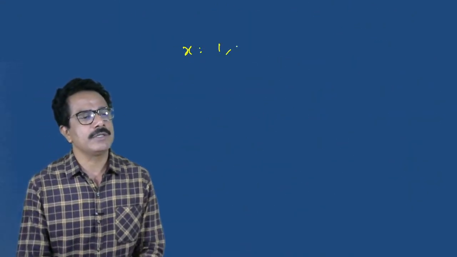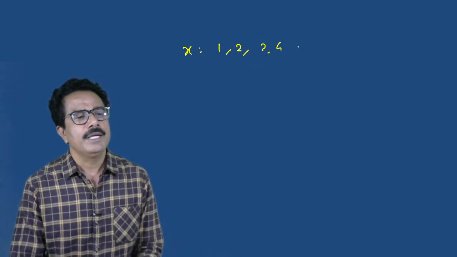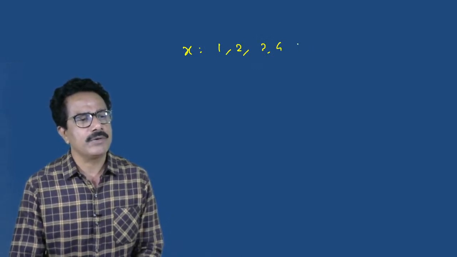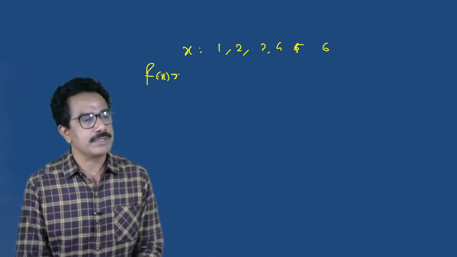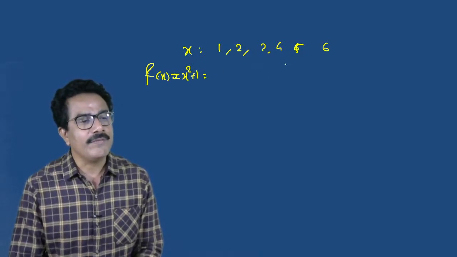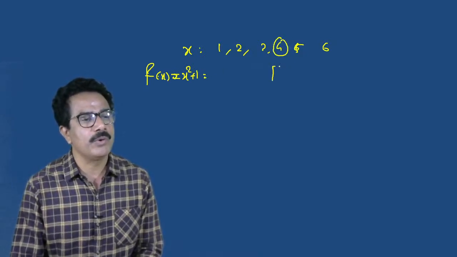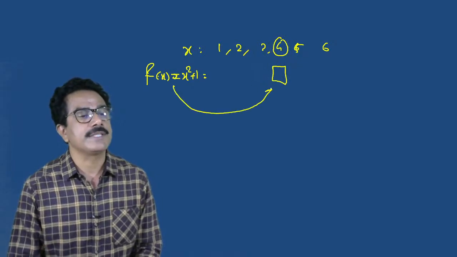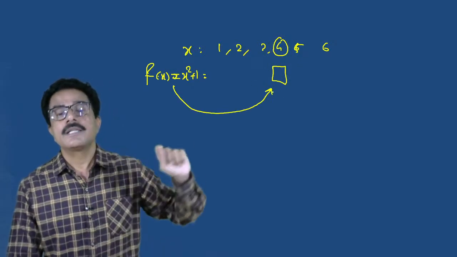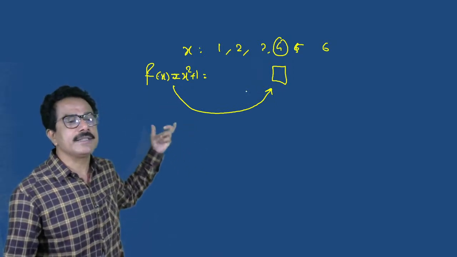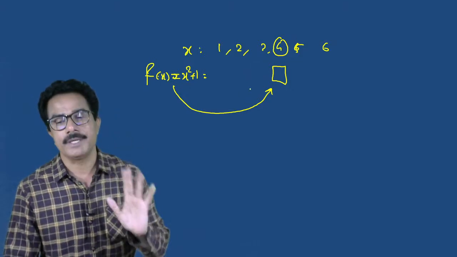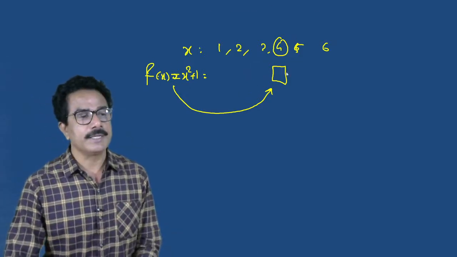I shall write an example here. Suppose we have given x as 1, 2, 3, 4, and suppose 5, 6 are unknown, and f of x is given, suppose x square plus 1, then we can find the unknown value, suppose 4, if f of x is given. In the curve fitting method, it is necessary that the function f of x must be given, then we can find the unknown term.